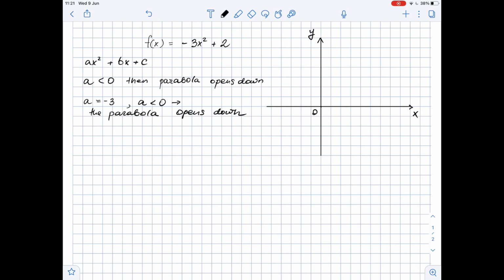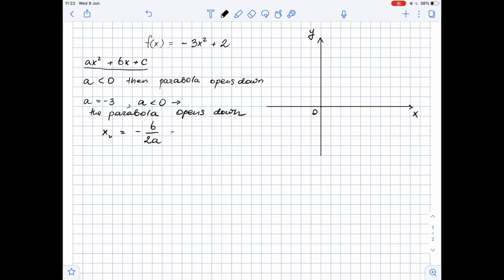Now let's try to find the vertex of our parabola. To do that, the x-coordinate of the vertex is equal to negative b over 2a. Again, b and a are coefficients from the standard form. So for our function, b is equal to 0, and a is equal to negative 3.